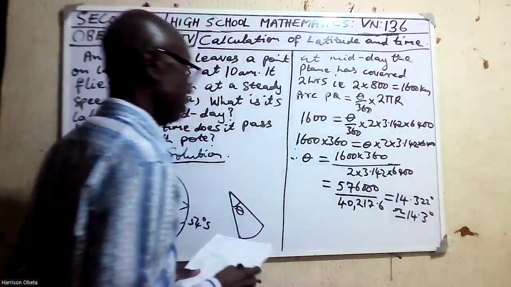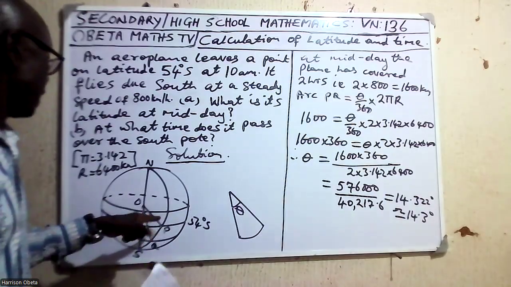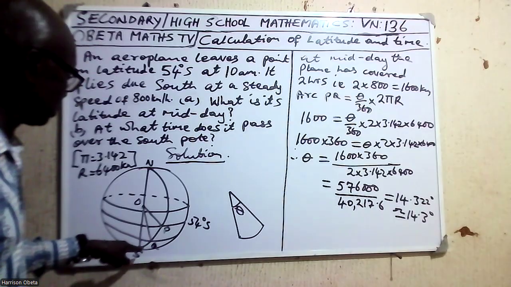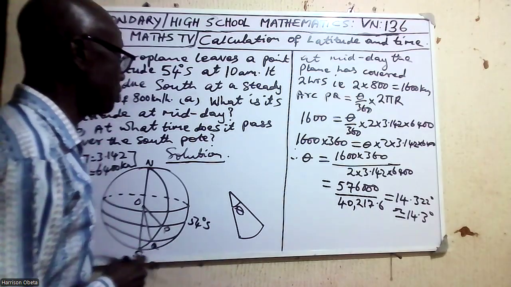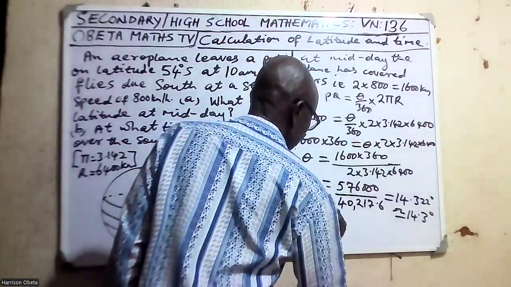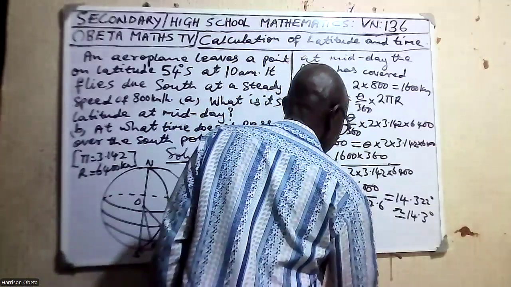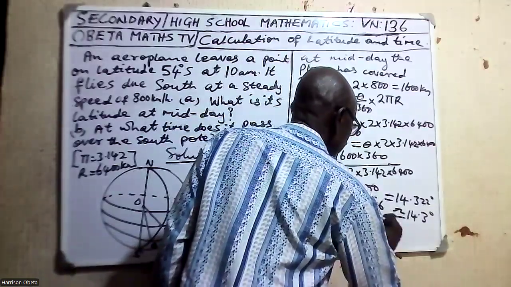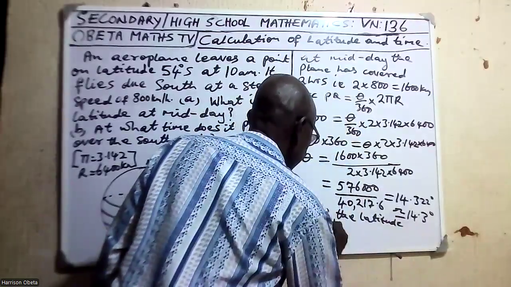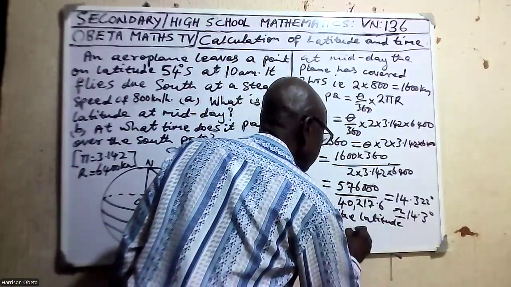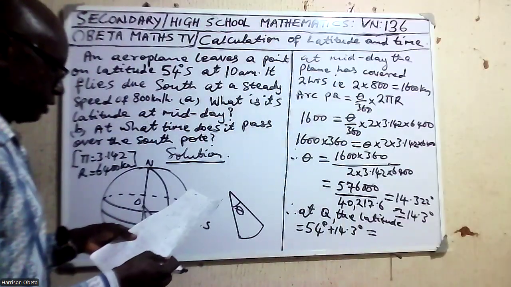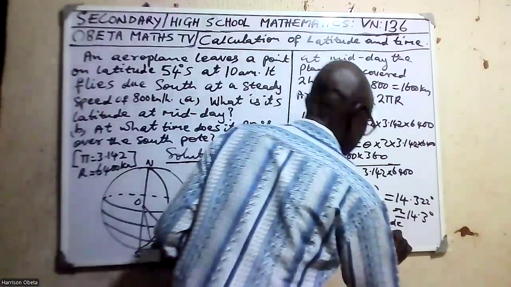14.3 degrees. Now, we know that as this is 54 degrees south, as it's moving southwards, the latitude will be increasing. So therefore, at Q, the latitude should be equal to 54 degrees plus 14.3 degrees, which is 68.3 degrees south.